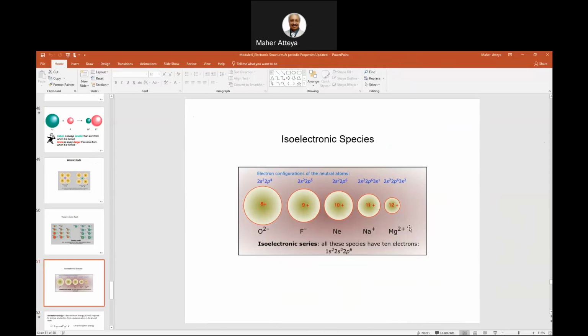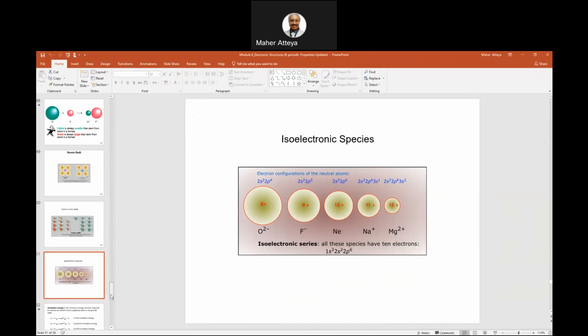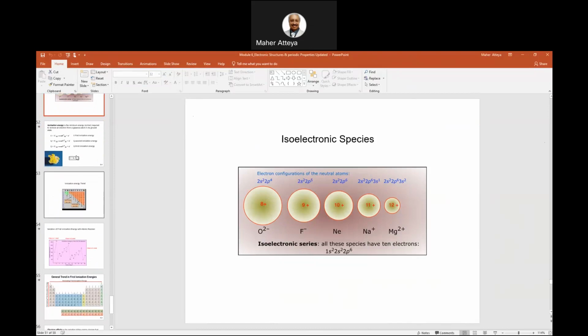We have to know the electron configuration. If they are the same, then they share the same thing, but it does not mean they share the same physical or chemical properties. Isoelectronic means they share the same electron configuration.